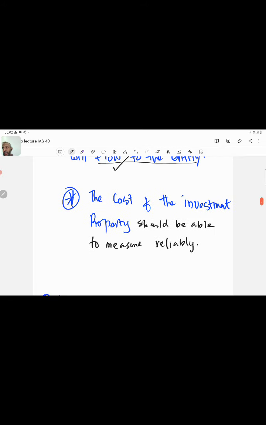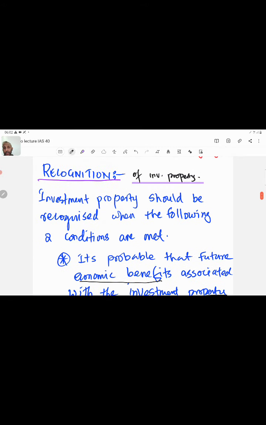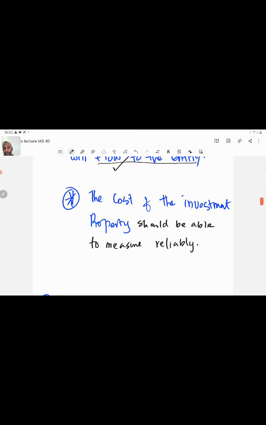So, if you can meet these two conditions, then you recognize the investment property in your books of accounts.